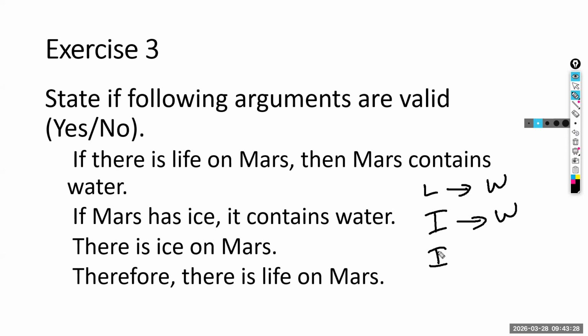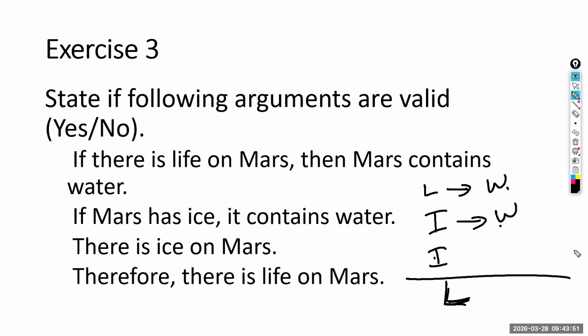There is ice on Mars. Therefore, there is life on Mars. As an argument: if there's life, there is water. If there's ice, there is water. There is ice. So the conclusion says there is life. මේක බැලූ බැල්මට අවුල් ජාලයක් නේද?